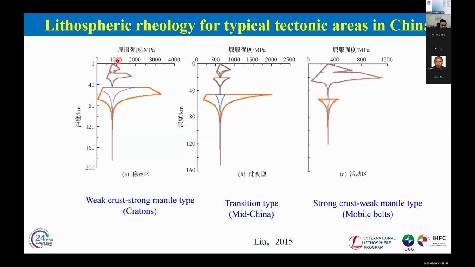Actually, the strength of the crust of the cratons is quite large, but compared to that of the mantle, it becomes small. So we see the weak crust and strong mantle like this one. This is another end member, like the strong crust and the weak mantle, which is suitable for the mobile belts, such as the Bohai Bay Basin or the Tianshan orogenic belt. Between them is one transitional type, which is available for Middle China, such as the Ordos Basin or the Sichuan Basin.